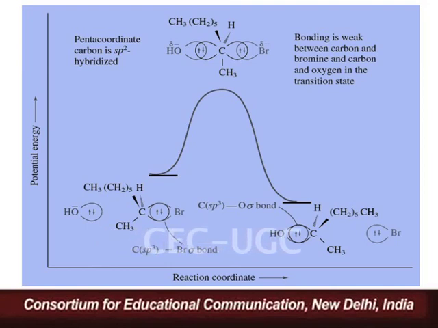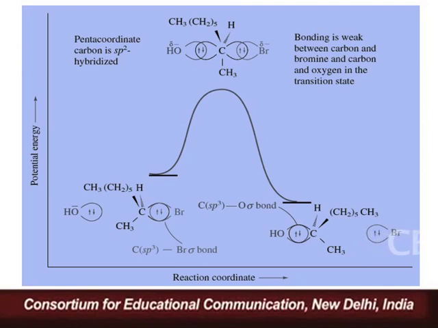If we consider the energy of the reactant and the product, then what we find is that the reactant is at a slightly higher energy than the product. That means this reaction is exothermic in nature and is feasible.